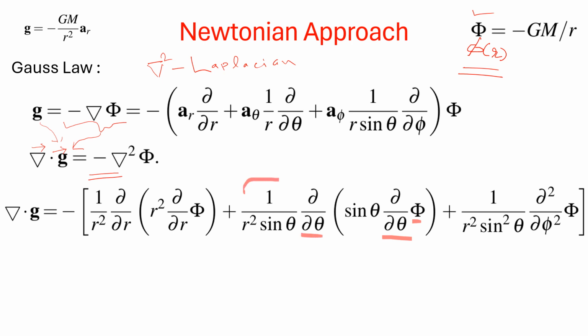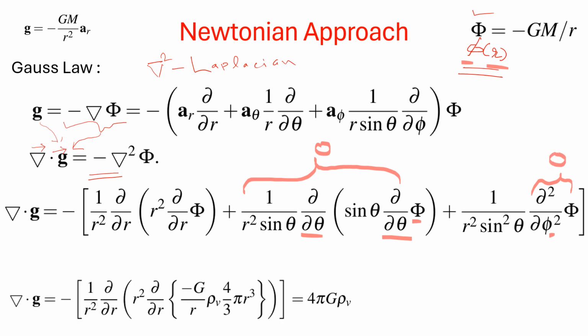So this whole term is going to vanish. Similarly, the second order derivative of capital phi with respect to small phi, phi is a function of r alone, so this will also be 0, and therefore we can further simplify this equation with the help of this m, what we call as mass.